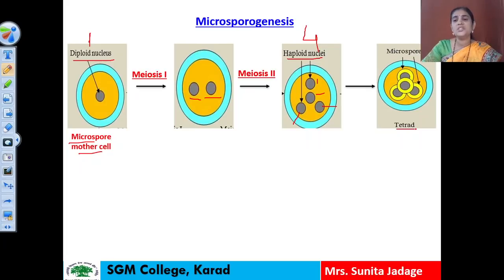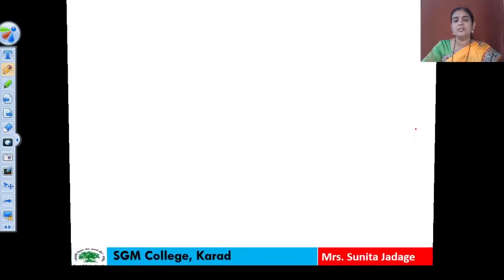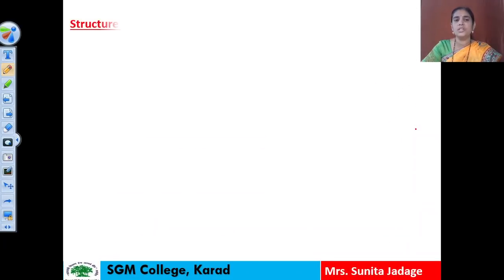So in this way, from one microspore mother cell, four pollen grains or four microspores are formed during the process of this microsporogenesis. Now let us see here what is the structure of the pollen grain.